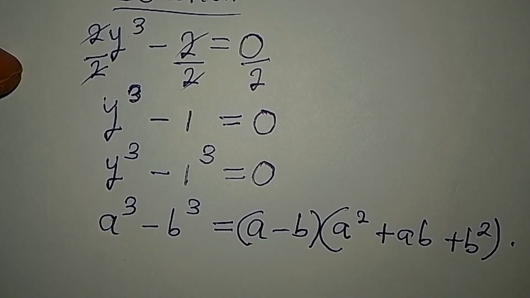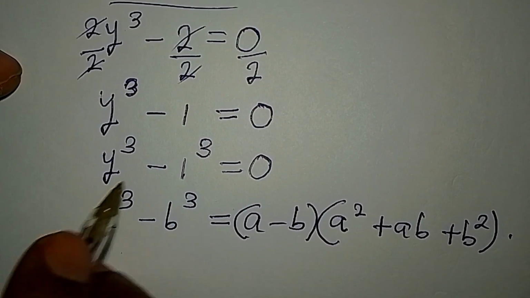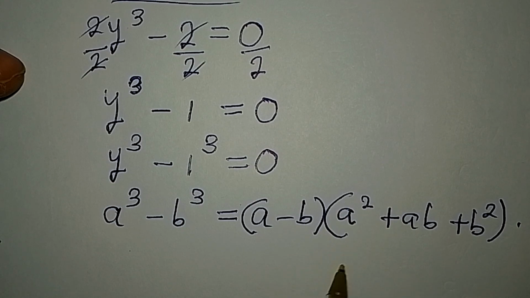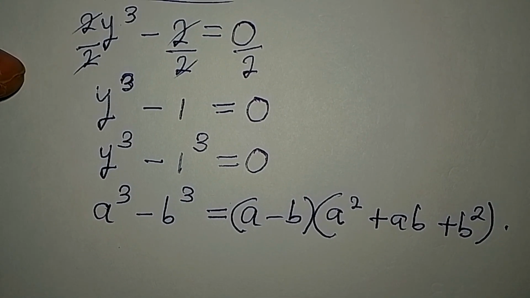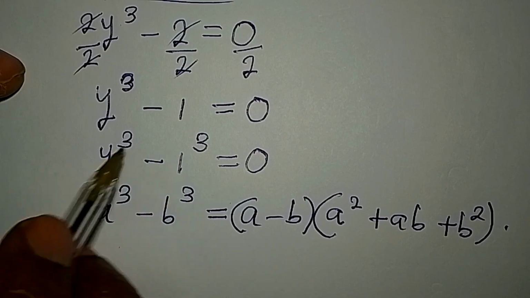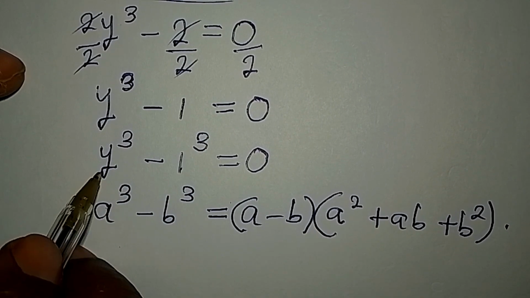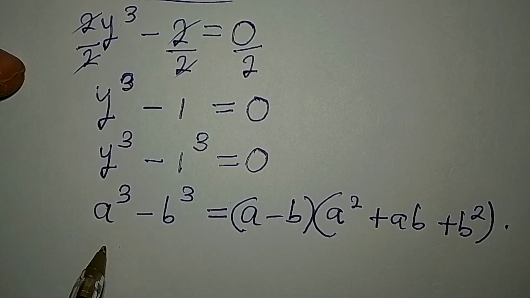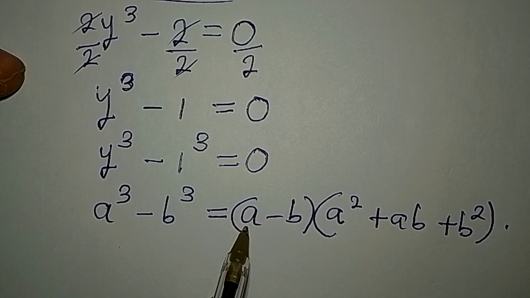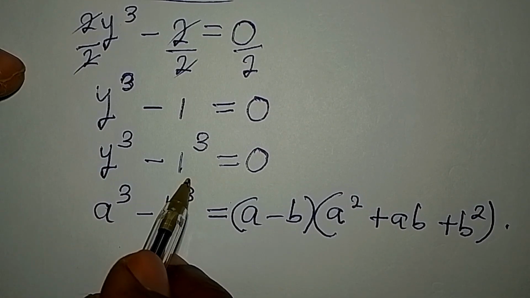Okay, so this can be factorized to get you this, or expanded, I don't know how you want to call it, to get you this, right? But then we're going to relate this to this right away. So here we have y to the power of 3, and we're going to have a minus b as y minus 1, isn't it?